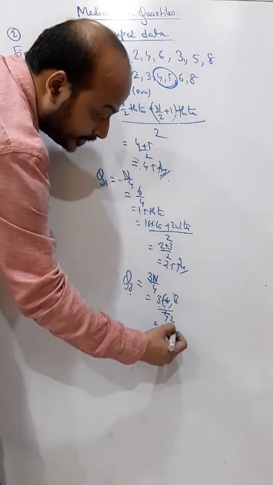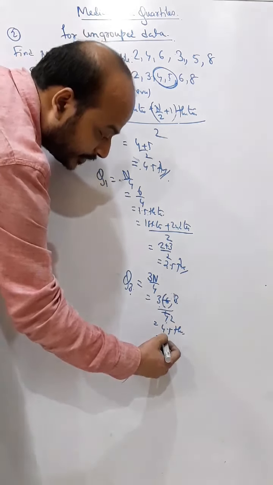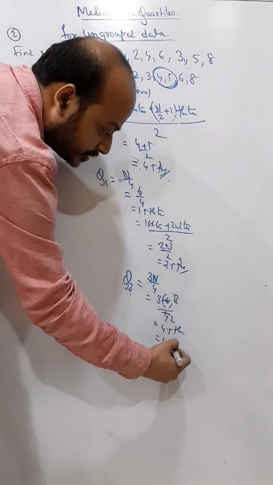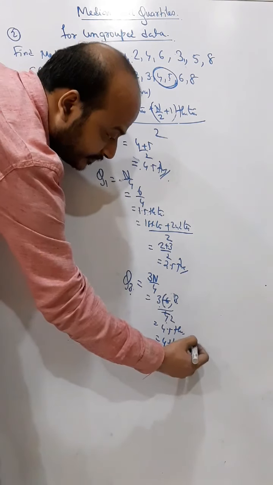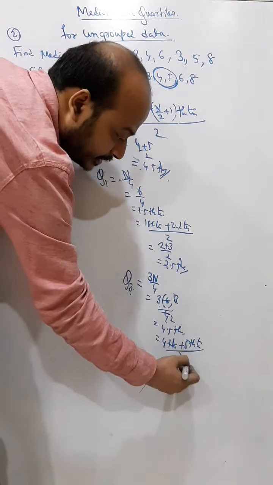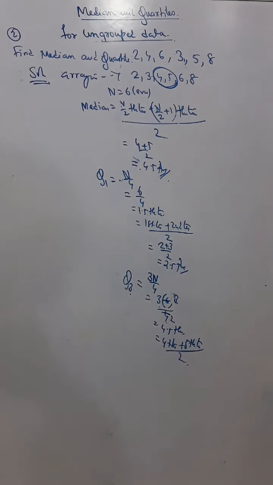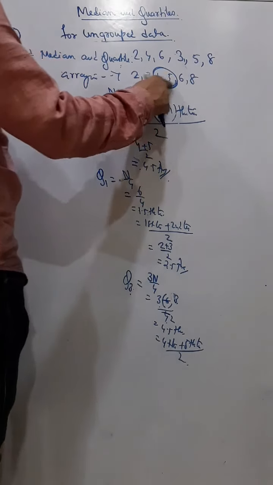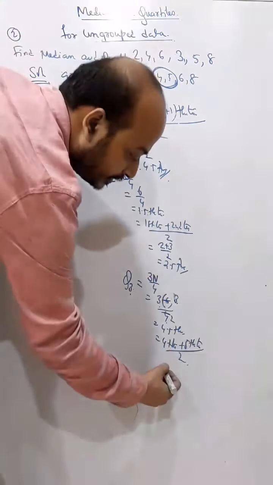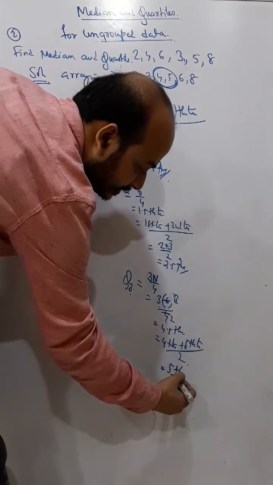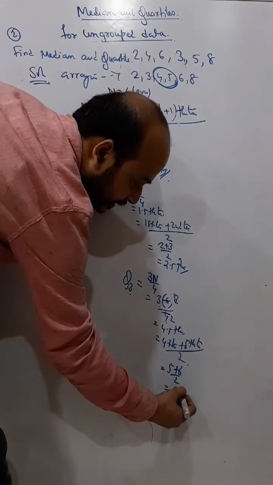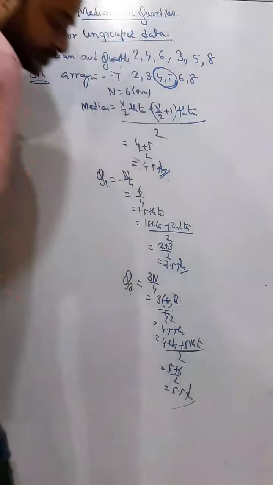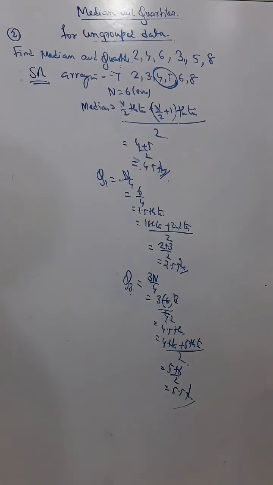So I get 4.5 term, and 4.5 term again means fourth term plus fifth term and divide by 2. So fourth term and fifth term, and so 5 plus 6 and divide by 2, 11 by 2. So my answer is 5.5.